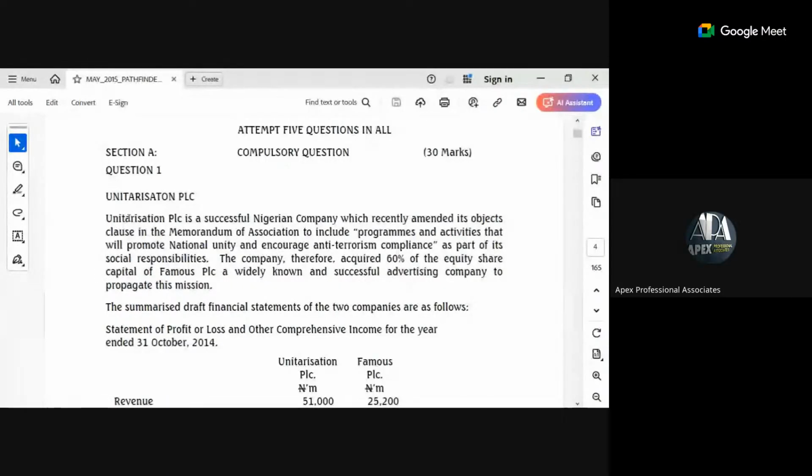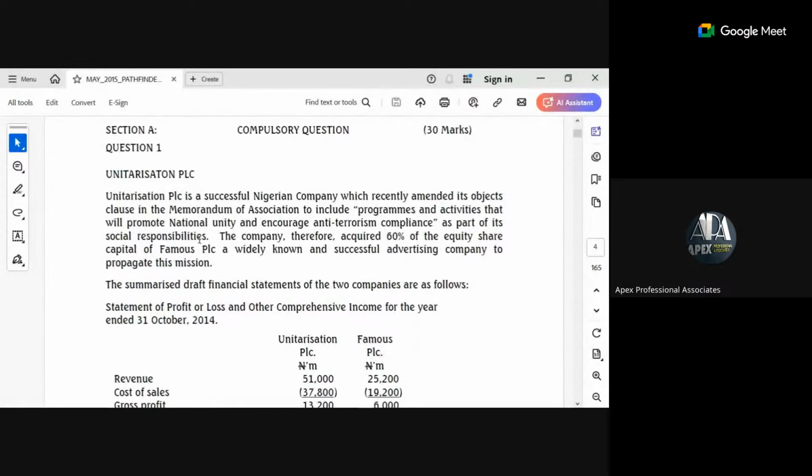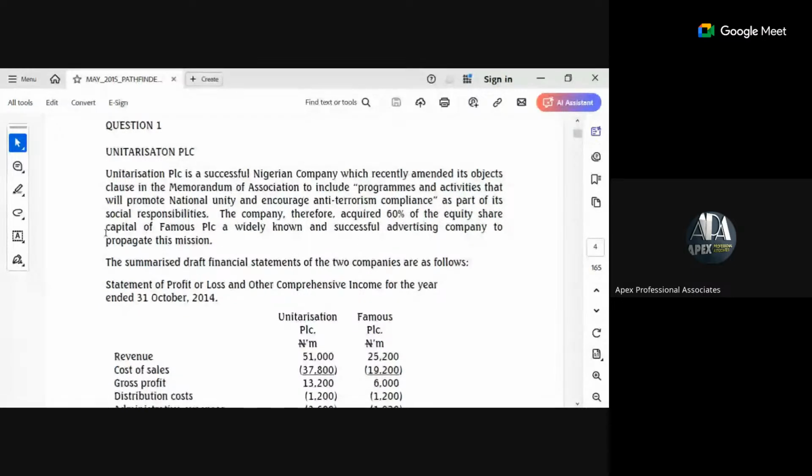I'll just say U for this unitarization. U is a successful Nigerian company which recently amended its object clause in the MA to include this. The company therefore acquires 60% of the equity shares.